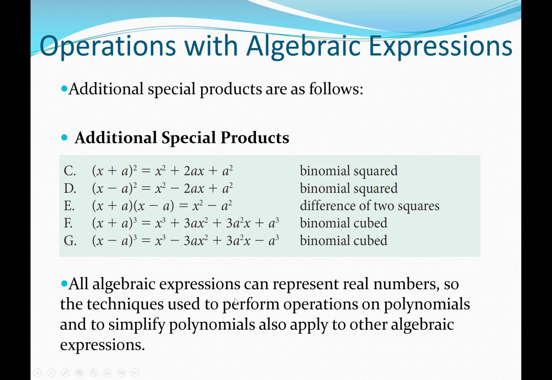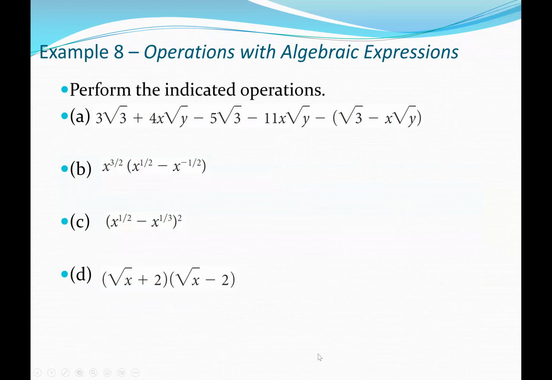Now, all algebraic expressions can represent real numbers. So the techniques used again to perform operations on polynomials and also to simplify polynomials also apply to other algebraic expressions. So let's see if we can use some of the formulas we saw. Now here they say we should perform the following. That's solving the problem.